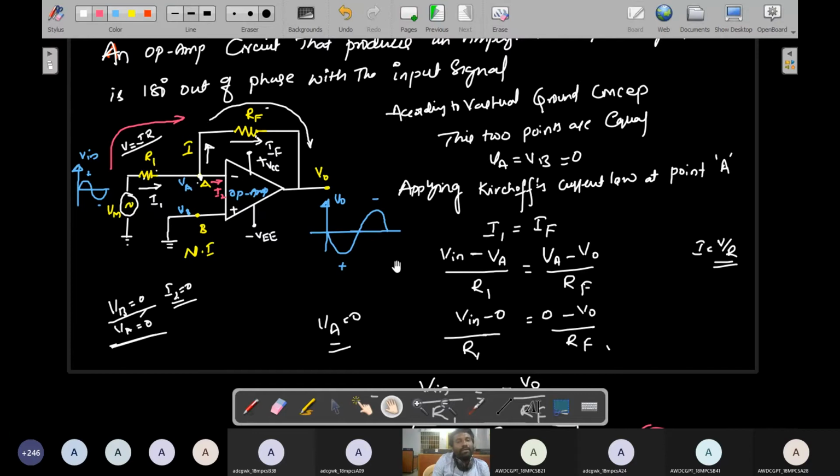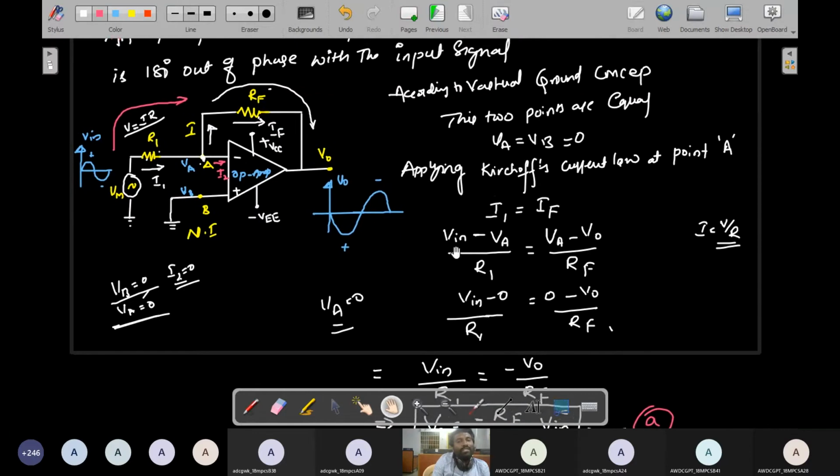Now I want to write nodal equations. The input current I is equal to V by R, so the input current is traveling in this direction. Now Vin minus VA divided by R1 is equal to VA minus V0 divided by RF.